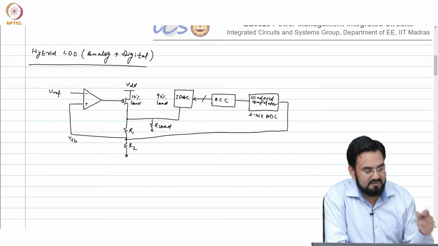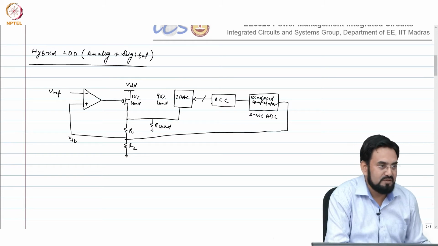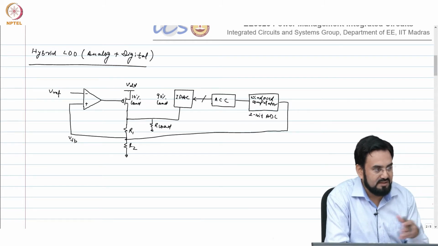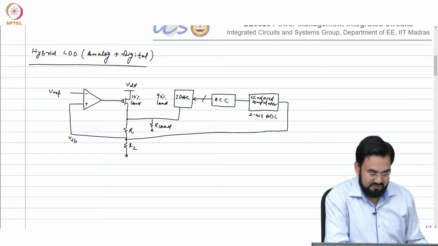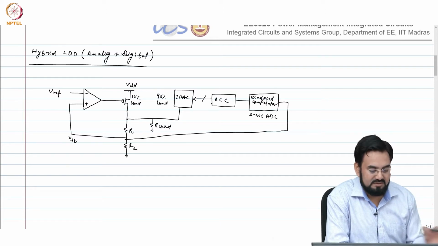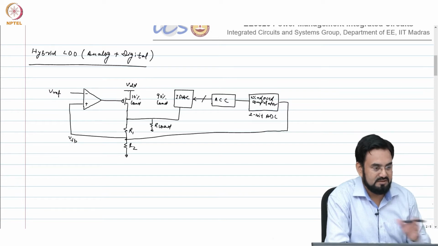So, let us say you are designing for 10 milliamp. So, you make LDO analog LDO and size this MOSFET to carry only 1 milliamp current and 9 milliamp will be carried by your digital, okay. So, if your load is less than 1 milliamp, then there is no role of digital, analog will take care of that.